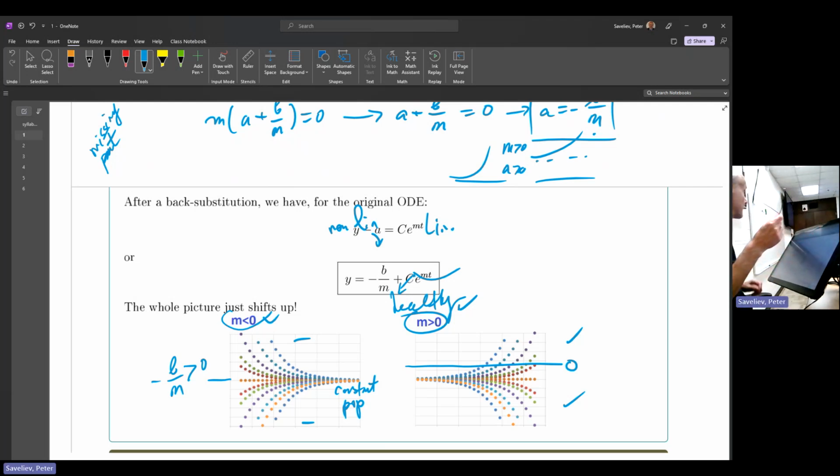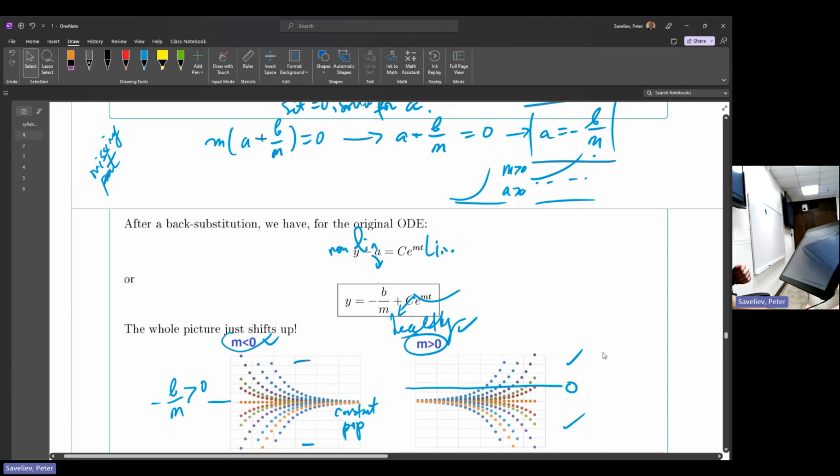Temperature, they converge towards the room temperature. In this case, we don't know what the room temperature is, and so that's the challenge, to find what that room temperature is supposed to be. If it's too cold, then it goes up. If it's too hot, it's going down.